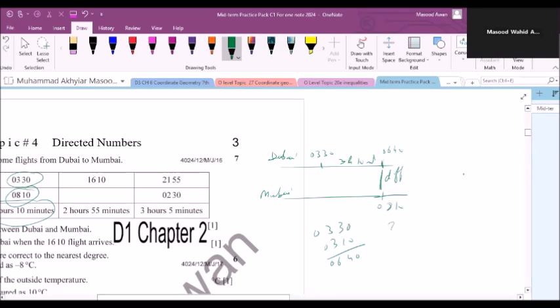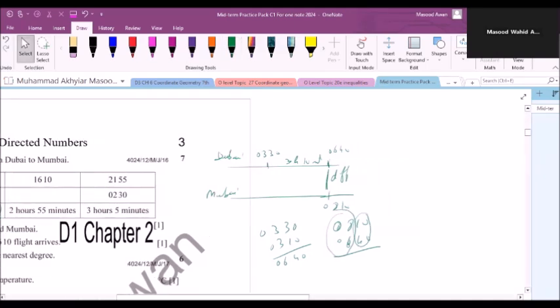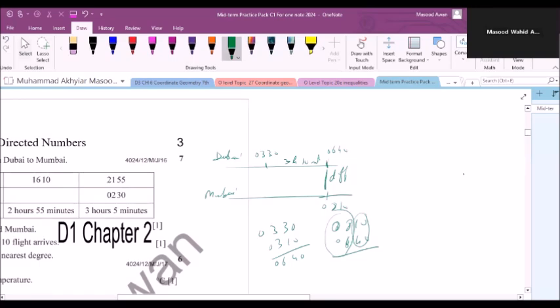So we just subtract. Now this is the minute compartment and this is the hours compartment. Whenever hours are shifted, we can't shift one here. We shift 1 hour, which means 60 minutes. We add 60 minutes to 10, we get 70.